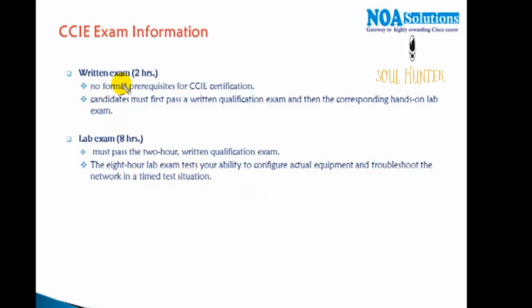If you want to go for CCIE, you need to pass two mandatory exams. The first one is the written exam, which is a prerequisite for your CCIE lab. There is no formal prerequisite for the CCIE written exam, which means it is not mandatory that you be CCNA or CCNP certified.